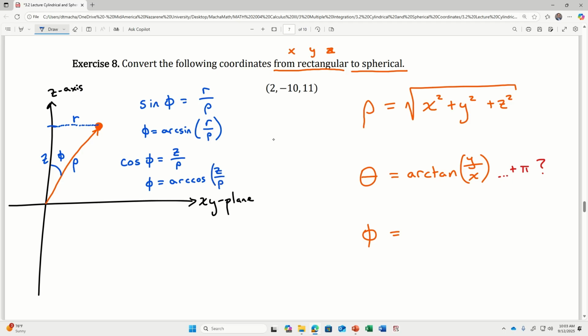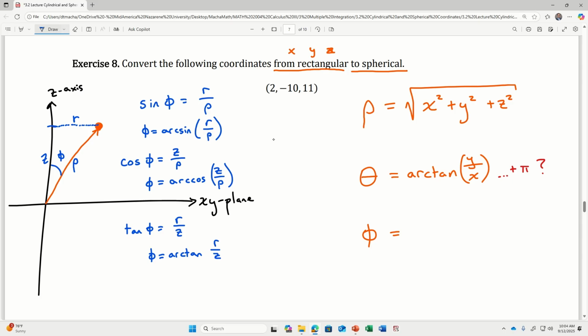That's probably easier because that way we don't have to calculate r. And then we could use tangent of phi equals, well, let's just talk about that for a second. What if I wrote down tangent of phi? That would be r over z. That would be opposite over adjacent. And then phi could be arctangent of r over z.